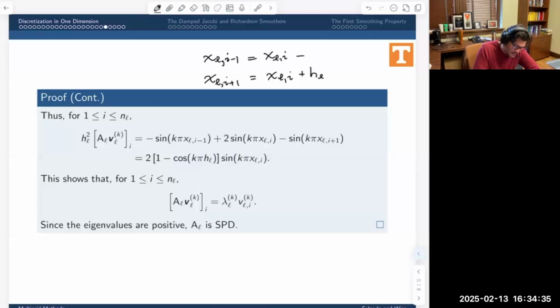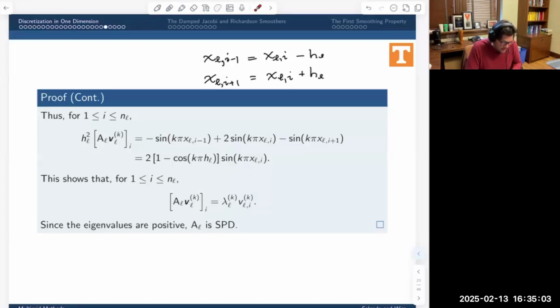XLI minus HL. Now I'm just going to use a sine and cosine trigonometric formula, the sine addition formula I think it is, to show that I can actually combine these three terms into one big term, all of which has a common factor of sine k pi XLI, using again that standard trigonometric identity.